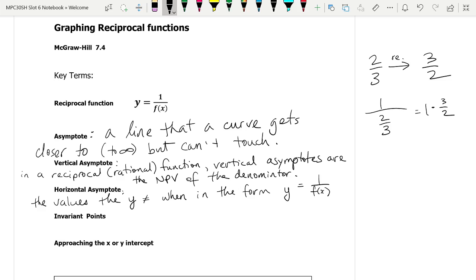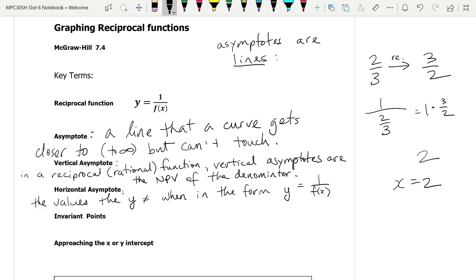And for both of these things, vertical and horizontal asymptotes, maybe make this as a note somewhere else. Up here we got room. Asymptotes are lines. So remember when we were doing quadratics and I told you that you'd lose half a mark if I asked you, hey, what's the axis of symmetry? And you said, the axis of symmetry is 2. No, it isn't. The axis of symmetry is x equals 2 because it's a line. It has to have some sort of variable.